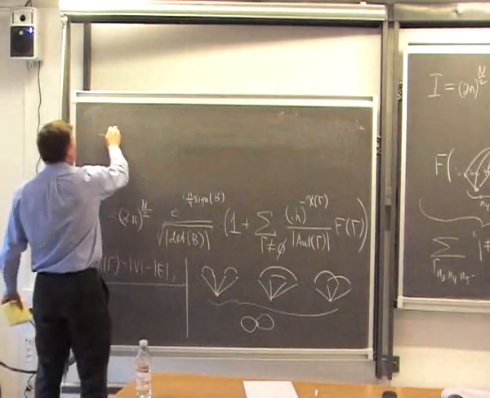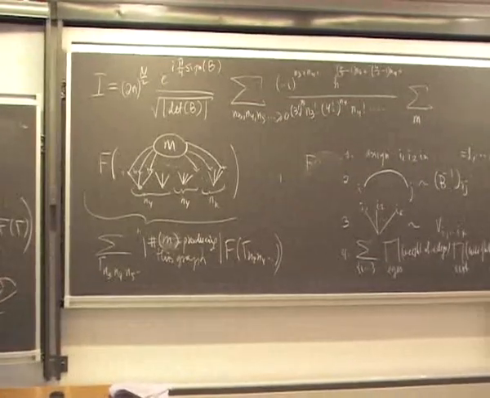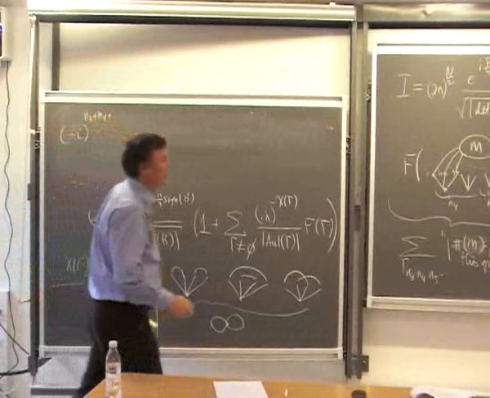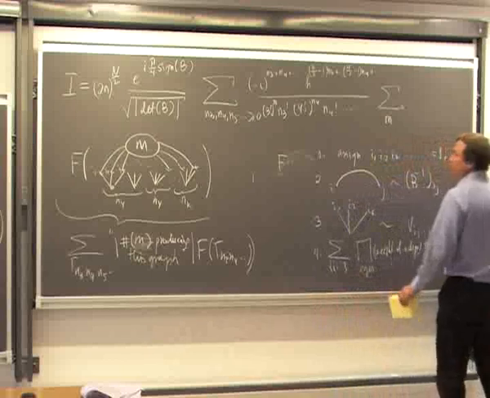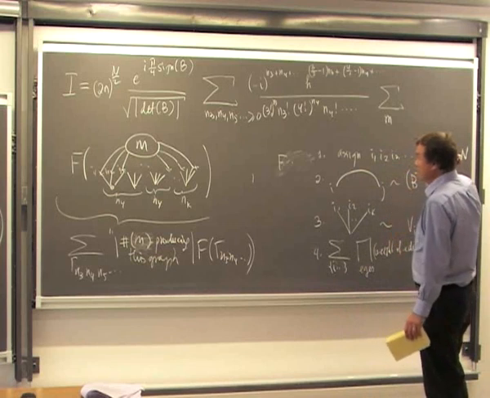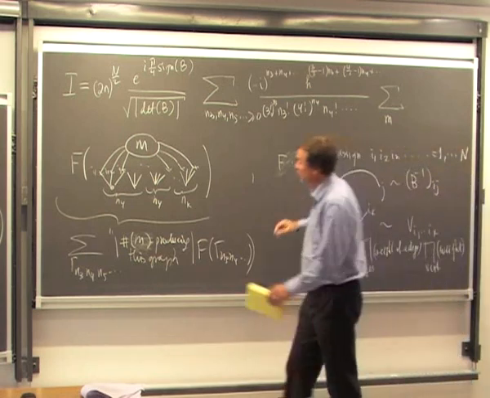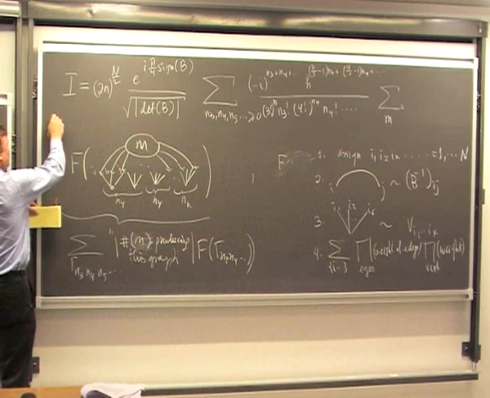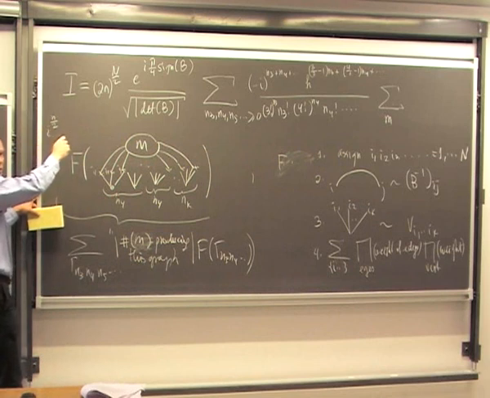So we have minus i to the power n3 plus n4 and so on. And I forgot to remember that when I was doing the Gaussian integral last time, there was a factor i to the n over 2, where n is the number of x's inside of the Gaussian integral.